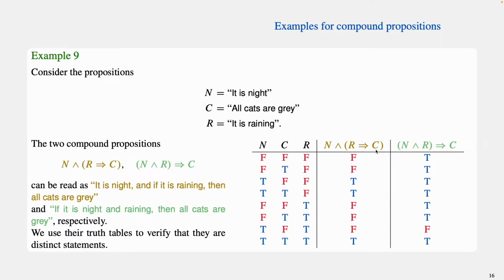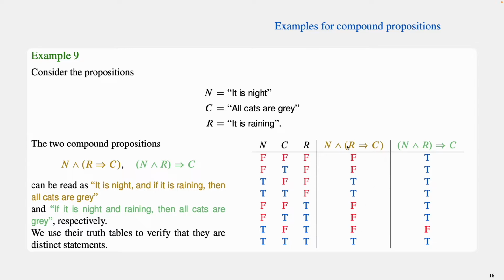And what we just learned about the implication R implies C is only false if R is true and C is not true. So that would be this row here. So we assumed N to be true, and then R is true and C is false. Then this bit is false and we get a false value here.